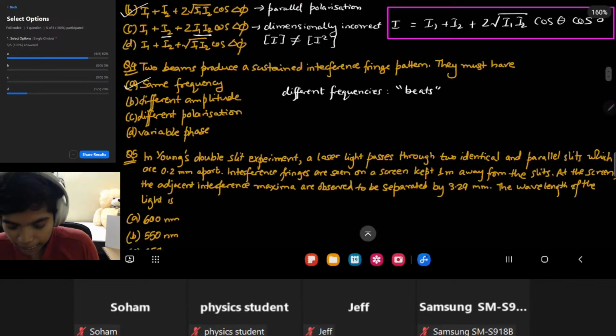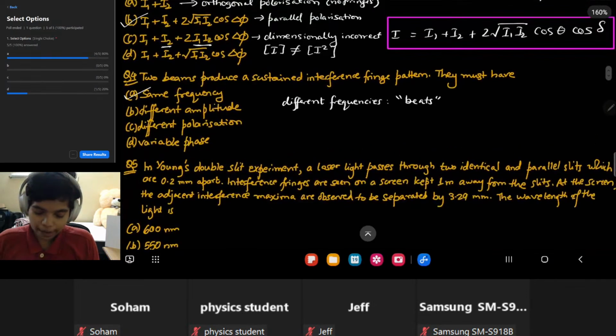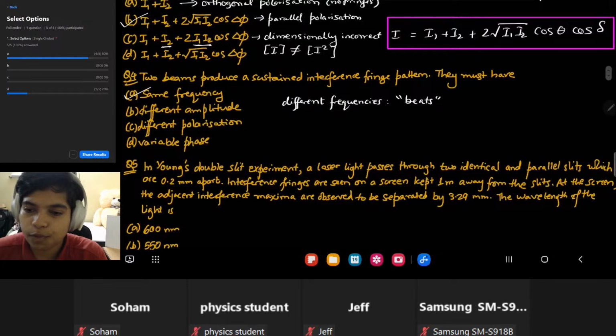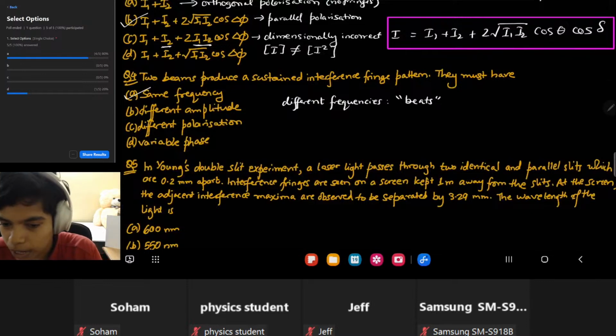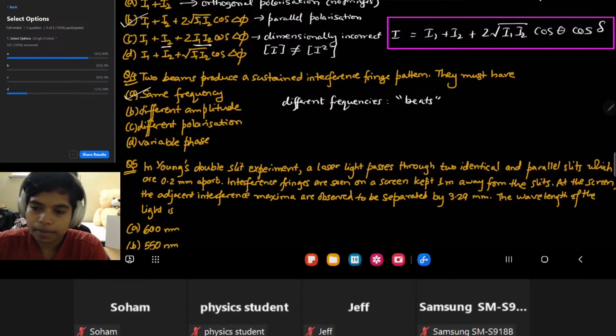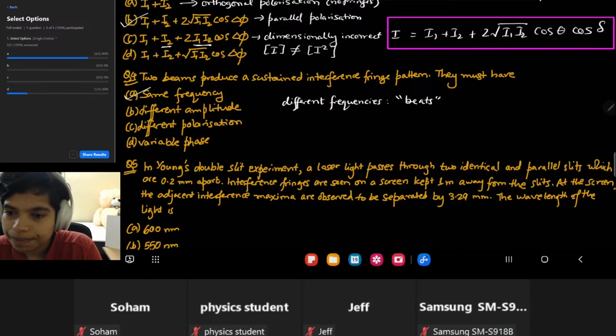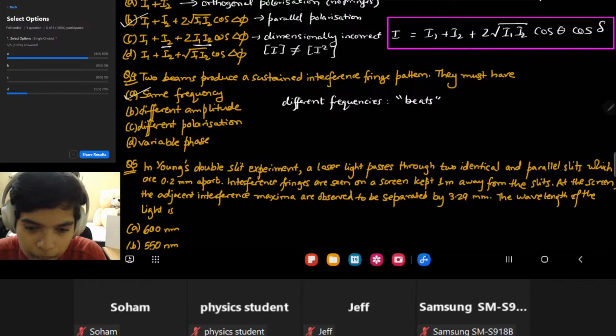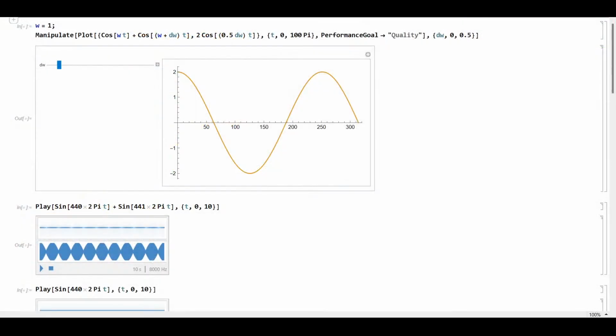So this was in the case of audio waves, but this similar concept works for optical waves as well, as we will see. But first, let me show you the demo for audio waves. Let me go to that simulation.